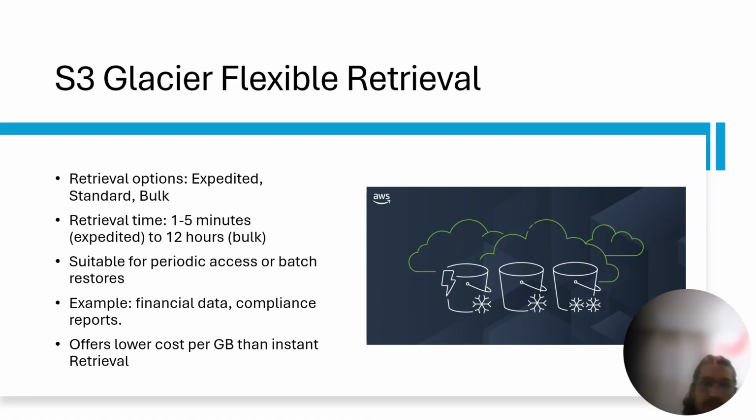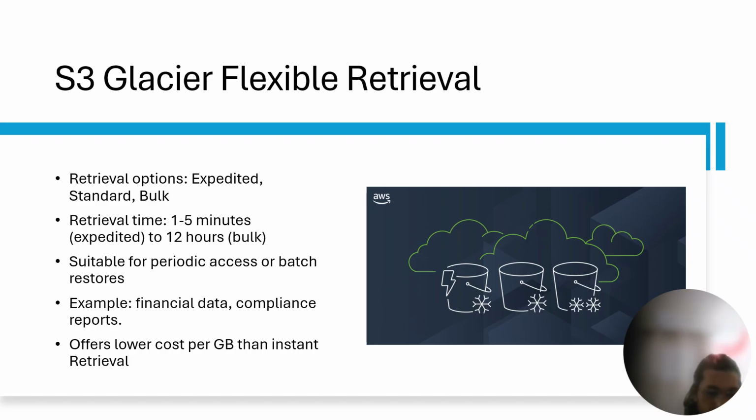Next is S3 Glacier Flexible Retrieval. It balances cost and speed. AWS offers three retrieval options: expedited, which retrieves data in a minute; standard, which takes a few hours; and bulk, which can retrieve petabytes of data overnight, but it takes time.